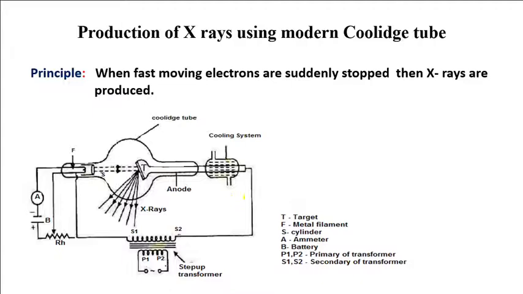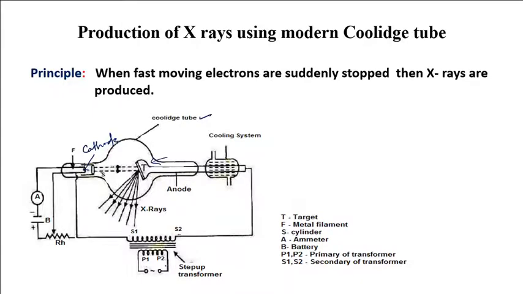So here is a diagram which shows how X-rays are produced. It consists of an evacuated hard glass tube called Coolidge tube. In that Coolidge tube, cathode in the form of filament is fitted. So this is cathode, and anode is fitted in this Coolidge tube.